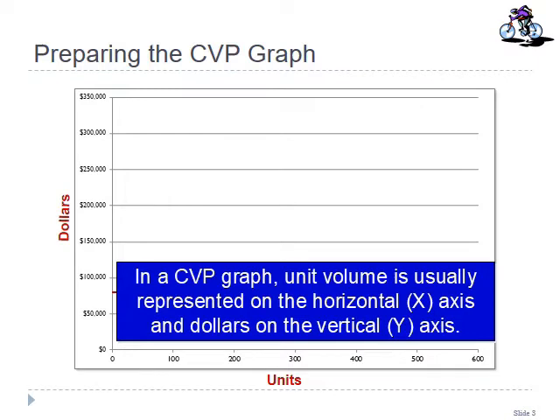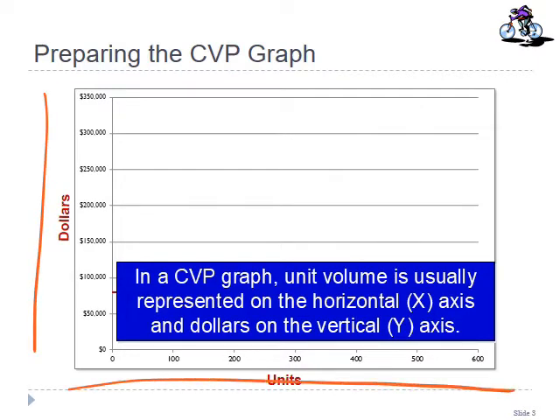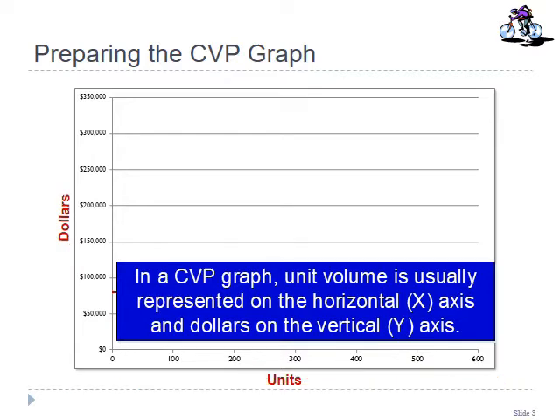So here you make a graph: you draw a vertical line and a horizontal line. The horizontal line we call the x-axis, the vertical line we call the y-axis. On the y-axis we took the dollar amount, and on the x-axis we took the sales units, like 0, 100, 200.